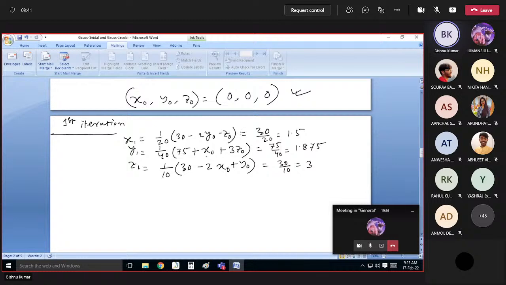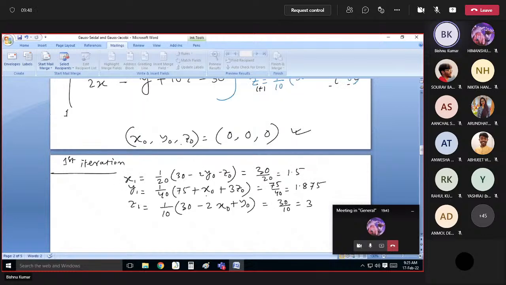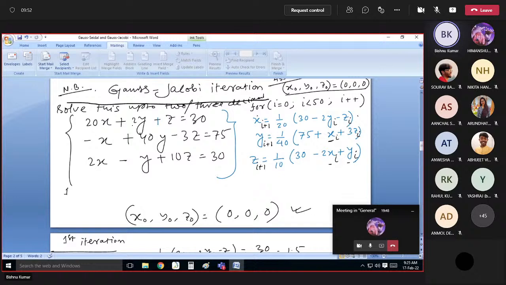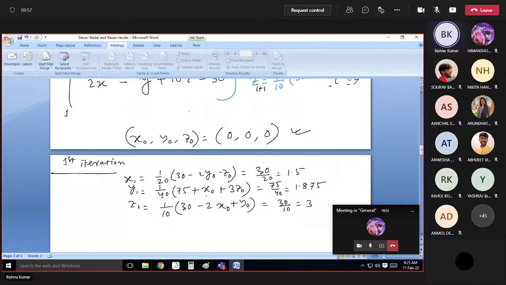My target is to make clear the difference between the two techniques. That problem we have solved in Gauss-Seidel iteration. Now we are going to solve it in Gauss-Jacobi iteration. In Gauss-Seidel iteration, we use the updated values x1, and x1 and y1 in the later places, because those values are updated.